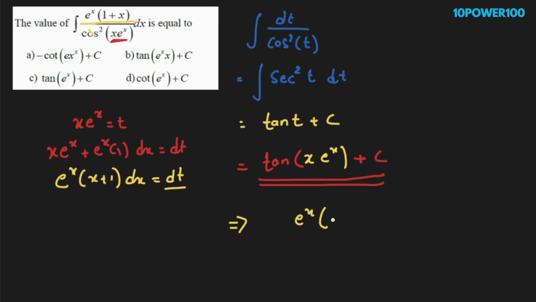The question is e power x of x into x plus 1, x plus 2 whole divided by sine square of x square e power x into dx.